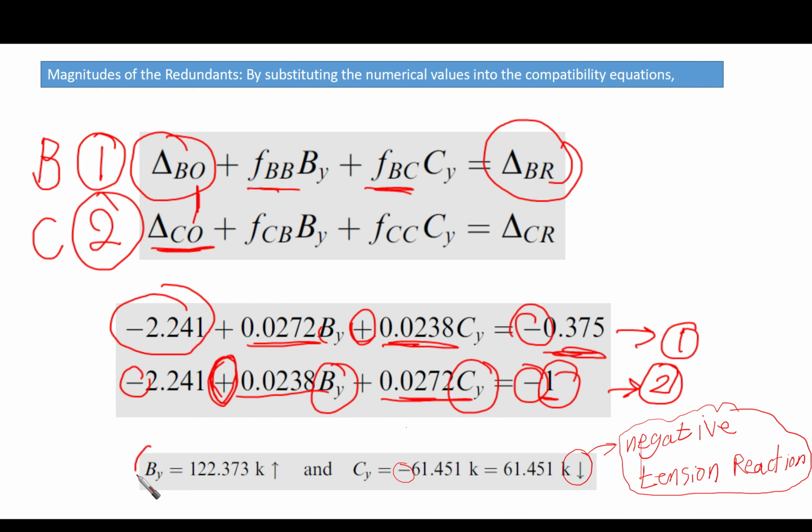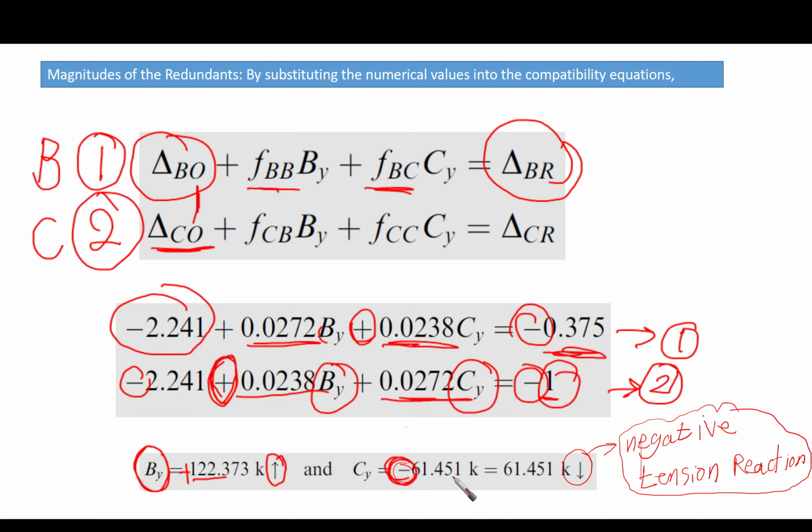This means that after substitution and solving the two simultaneous equations, we find that BY equals 122.3, and it is up because it is positive. But for CY, we found that a negative sign appeared.